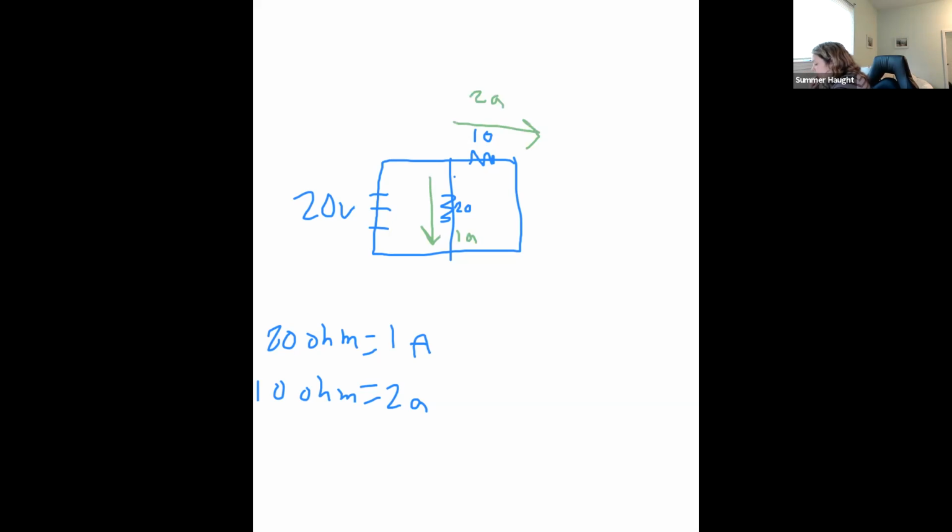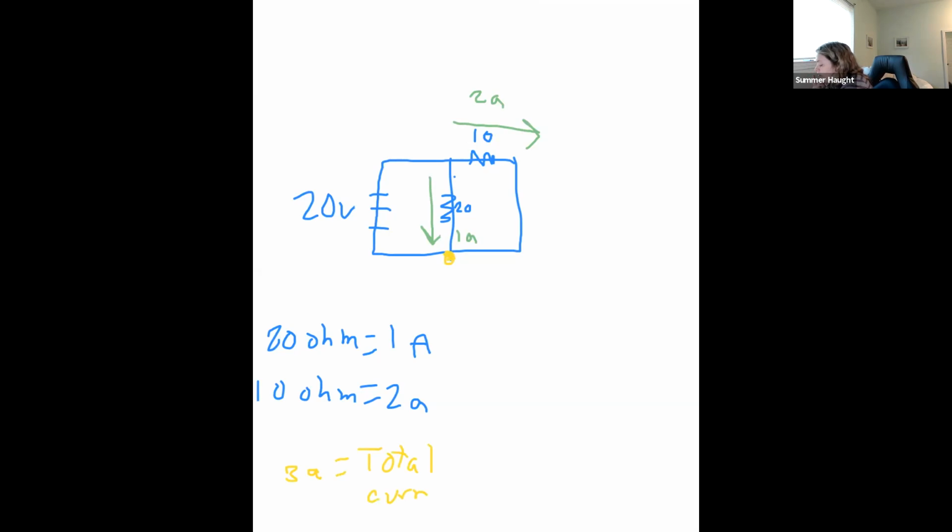And by the rule I just talked about, once those electrons meet right here, we sum those together, so 1 amp plus 2 amp to get 3 amp as our total current.